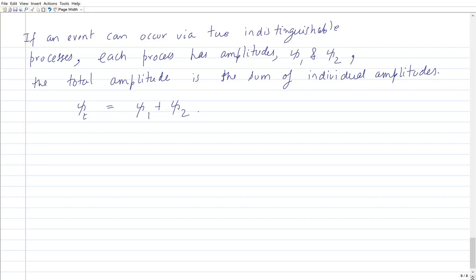So for example, in our Mach Zehnder interferometer, the photon took two indistinguishable paths. We are going to define indistinguishability in a moment.